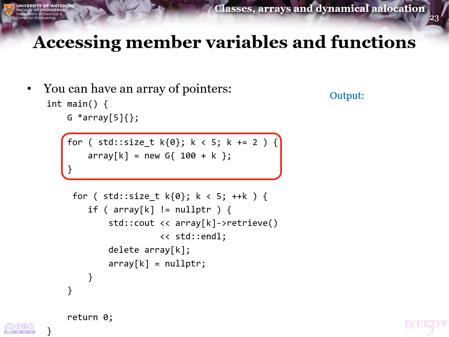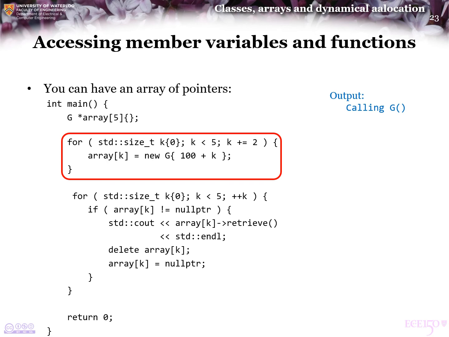The first time the loop body runs, we make a call to new. So we dynamically allocate memory for one instance of G, and so the operating system gives us 4 bytes. Then the compiler schedules a call to the constructor on that location in memory, and the argument is 100.